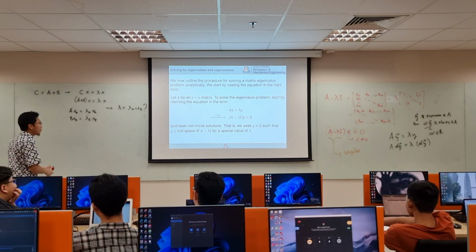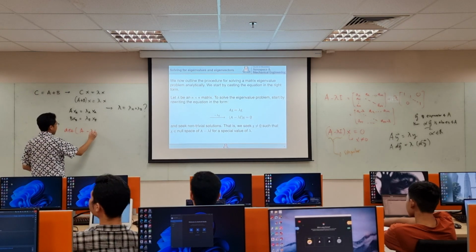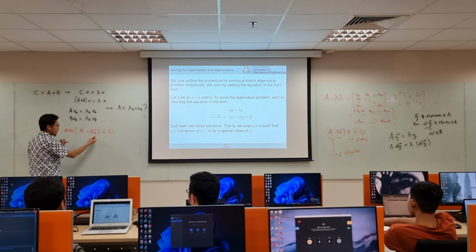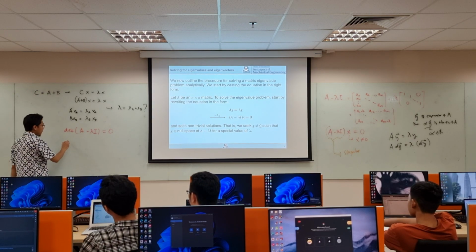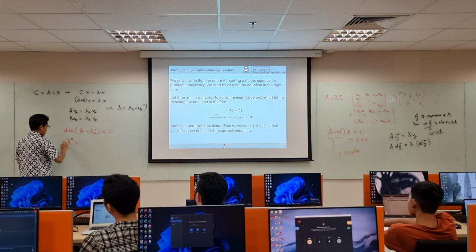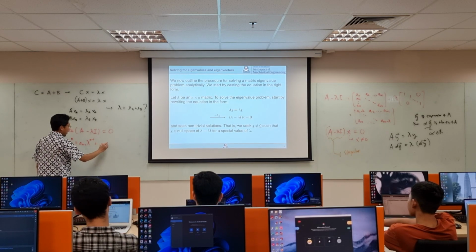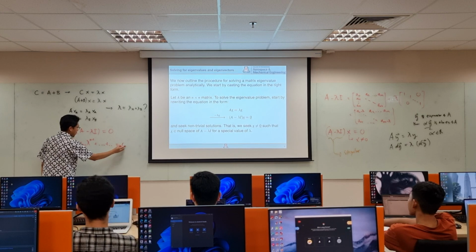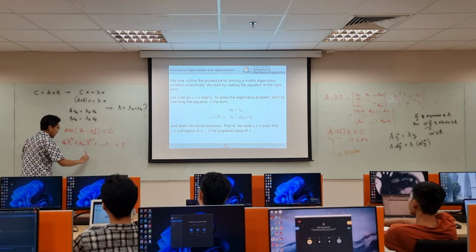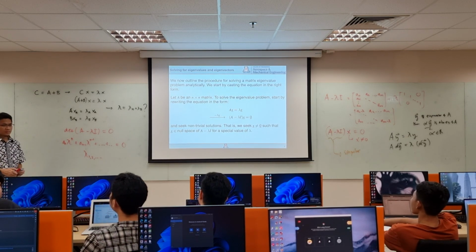So we will exploit the fact that the determinant of A minus lambda I is equal to 0. You just have to expand, then you will find a polynomial in lambda equal to 0. Then you find the roots of this equation, and you will get lambda. You get the idea?